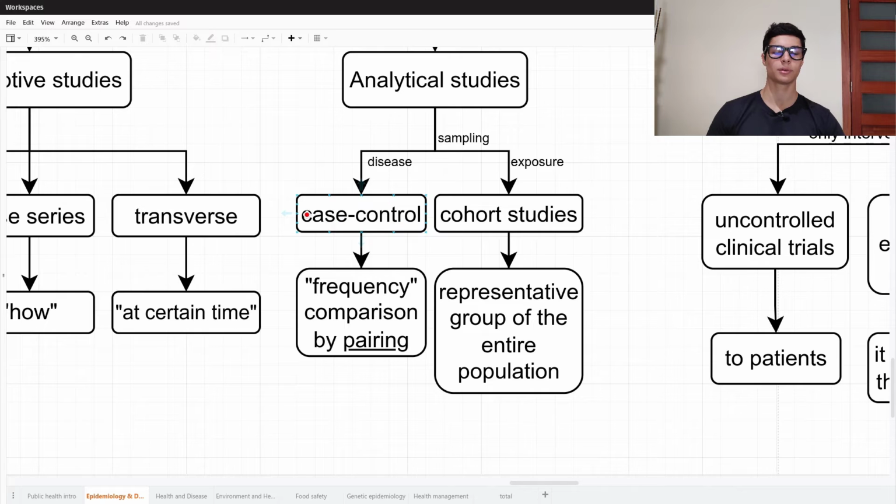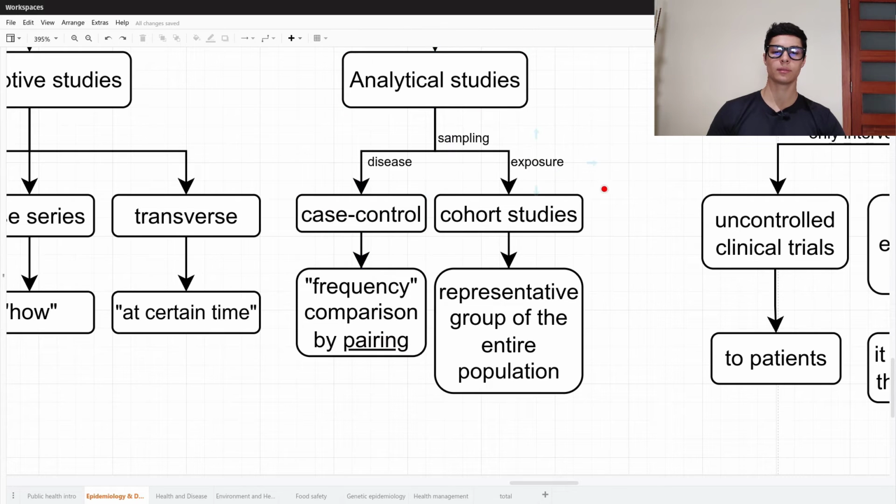And these two groups have individuals that have pairs. So one here has a pair, another person that corresponds to him right there. And by doing that, we can make a frequency comparison by pairing, and this is the key, because we have the case and the control group.